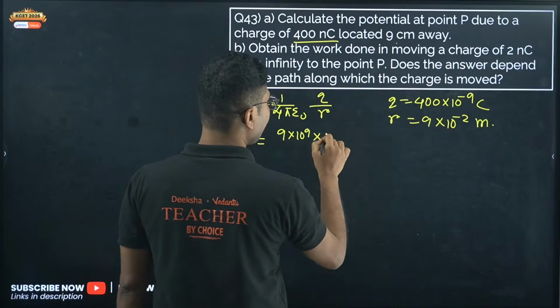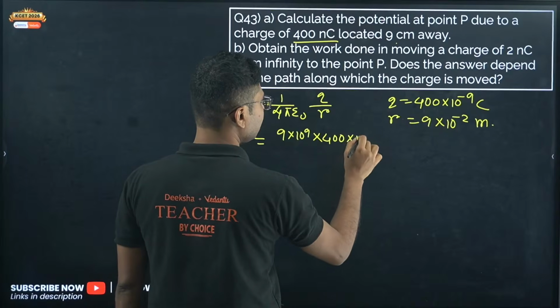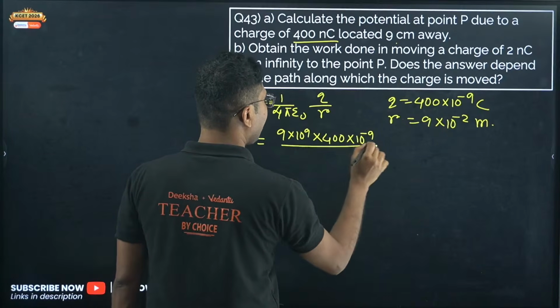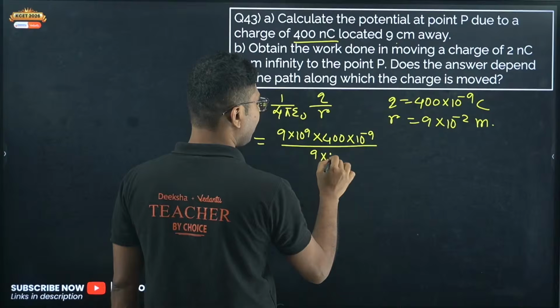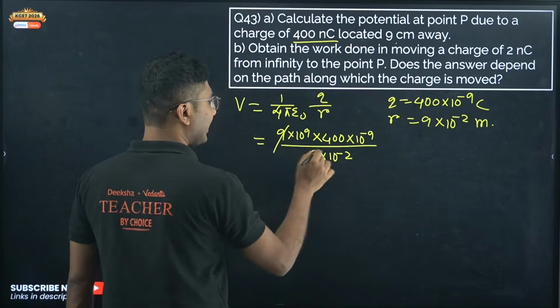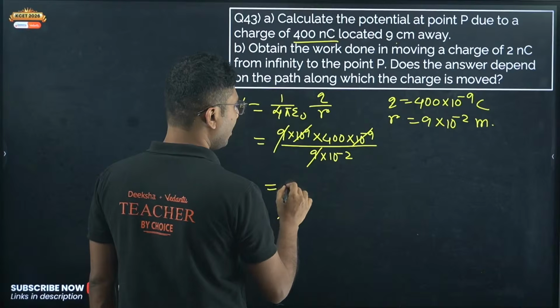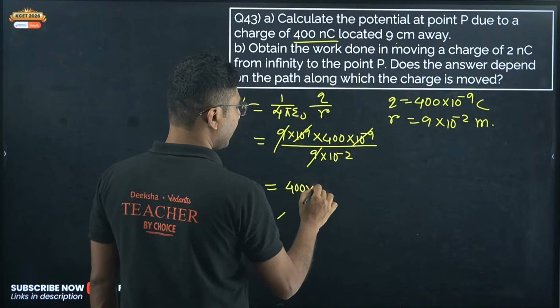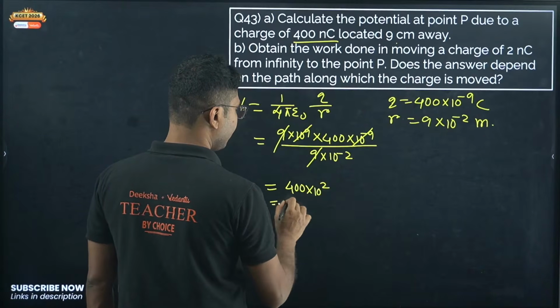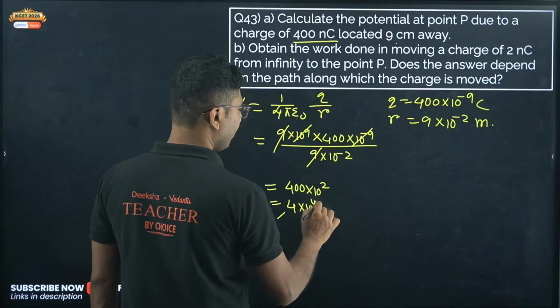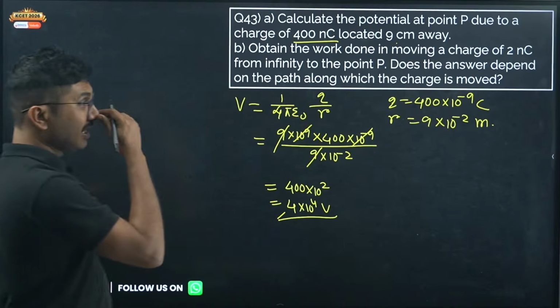Charge is 400 divided by distance 9 into 10 to the power of minus 2. So 9 cancels, 10 to the power of 9 and 10 to the power of minus 9 cancel. You get 400 into 10 to the power of 2, that is 4 into 10 to the power of 4 volt. So this is the potential.